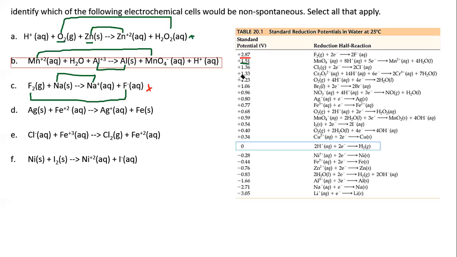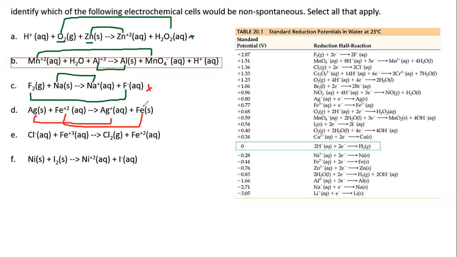Next we have silver reacts with iron 2 plus to form silver plus and iron. So again, we look at our two half reactions. We have silver to silver plus, iron 2 plus to iron. So iron 2 plus is reduced.